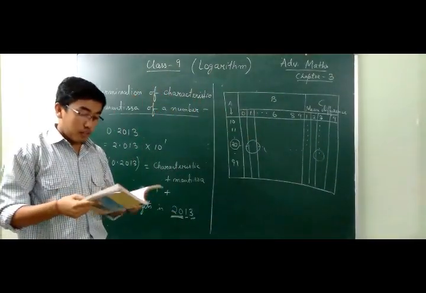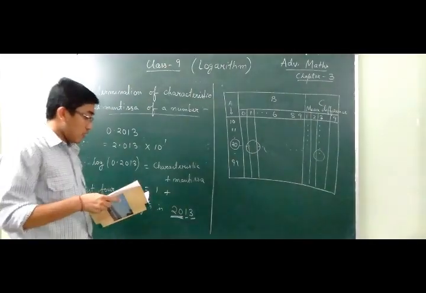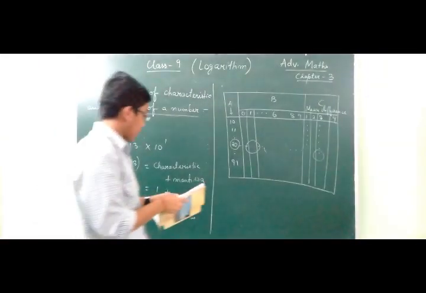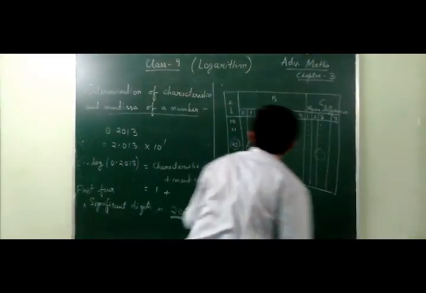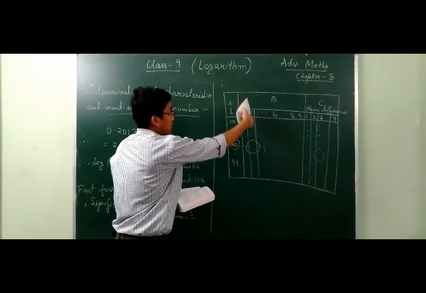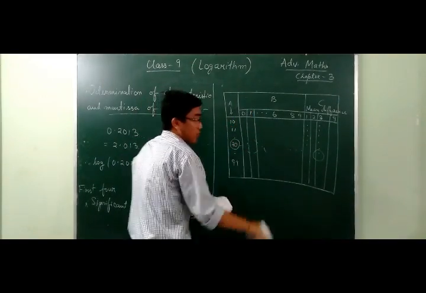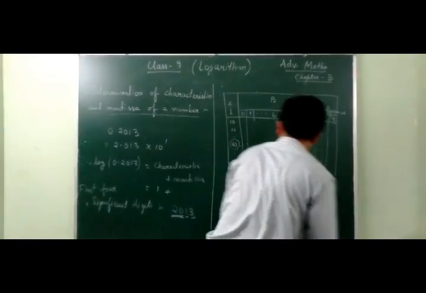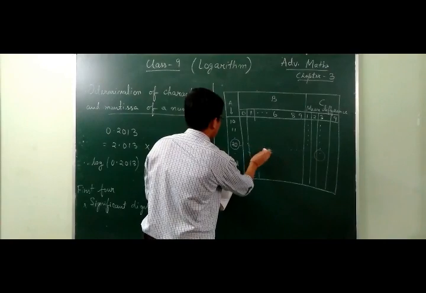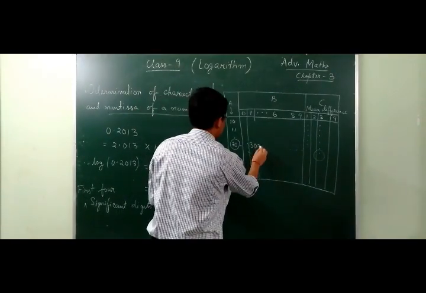So if you look at your log table, the number corresponding to this 20th row and first column of B is 30320.